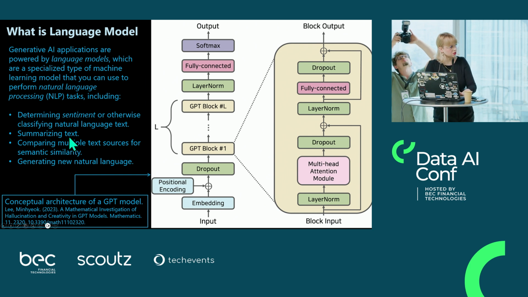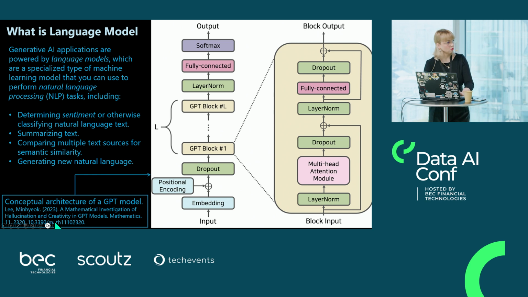What you can see here is a conceptual architecture from one of the relatively new publications, showing how we can think of what is inside such a language model. Basically we have multiple layers of neural networks, different types of neural networks.